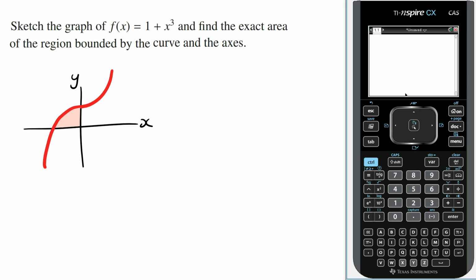The lower end point of this region is going to be the x-intercept of this function. To find the x-intercept, we let y is equal to 0 and then solve for x. And so using the calculator, we let the function equal 0 and then solve for x.